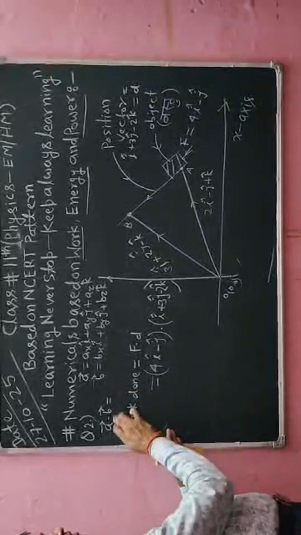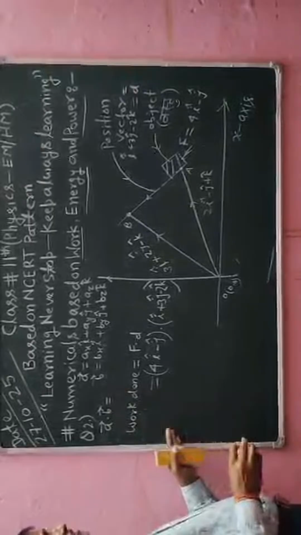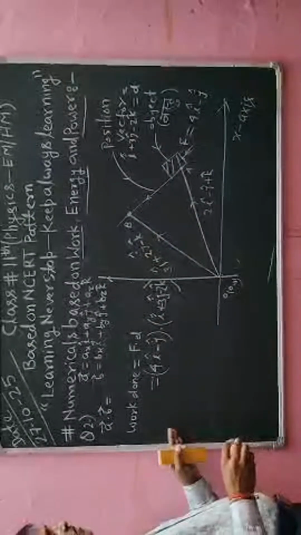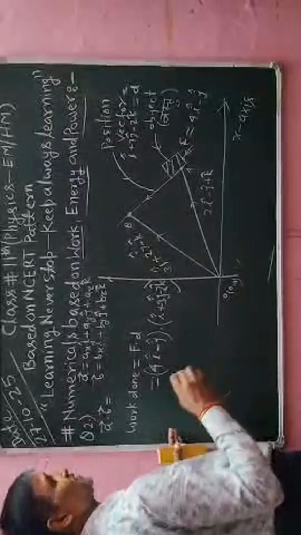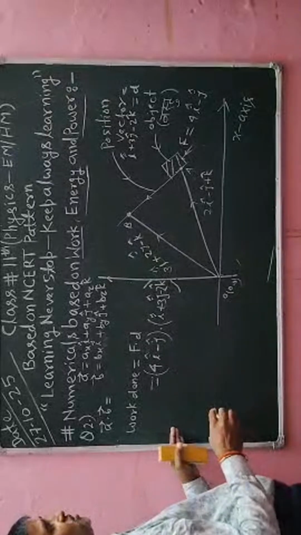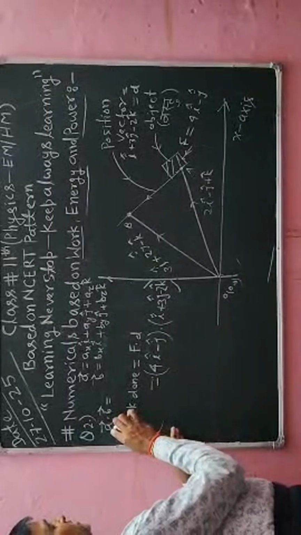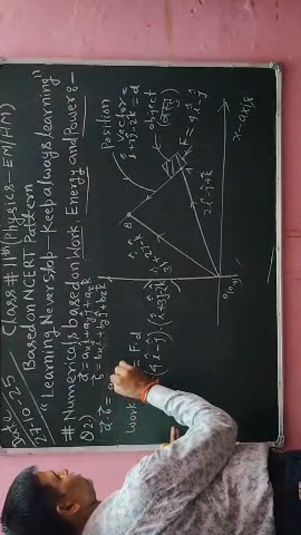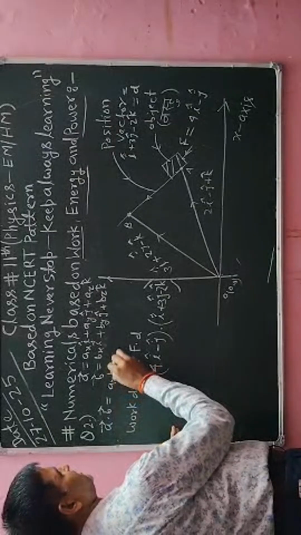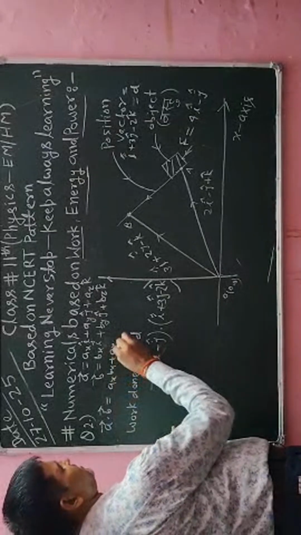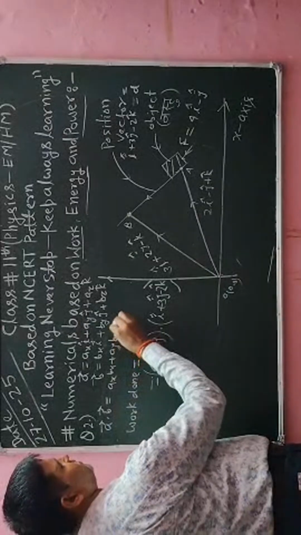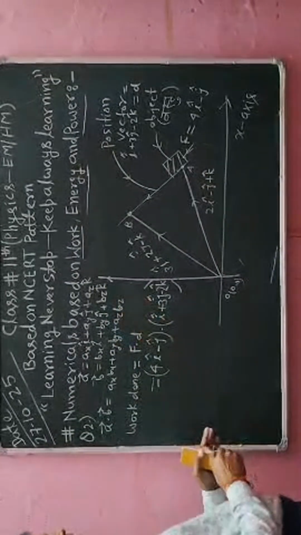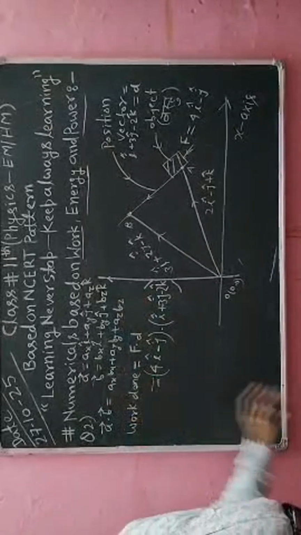Its value will be ax bx plus ay by plus az bz. This formula I have to use to find its value.